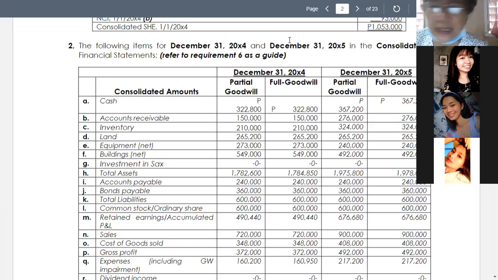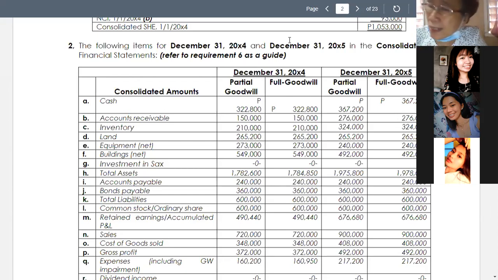Common stock, 600,000. We have the retained earnings accumulated of 490,440. Now, in the later part of our solution guide, we have the solution for this amount. However, just to give you an idea of how this was computed, the beginning balance retained earnings of the parent is 360,000.